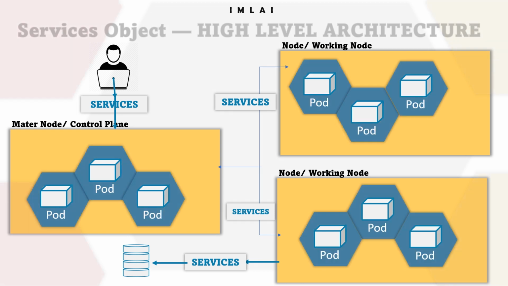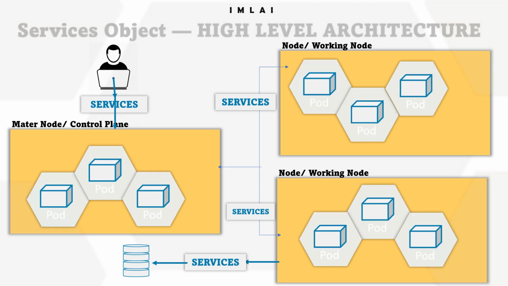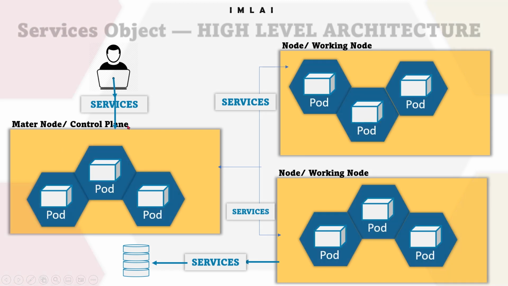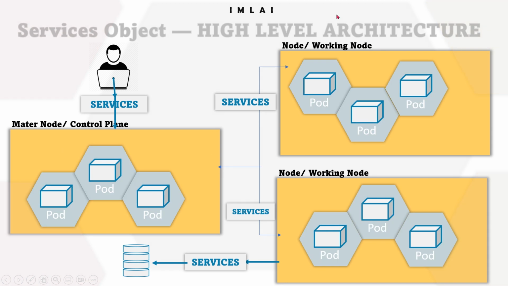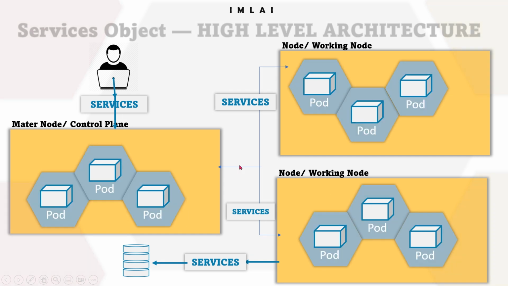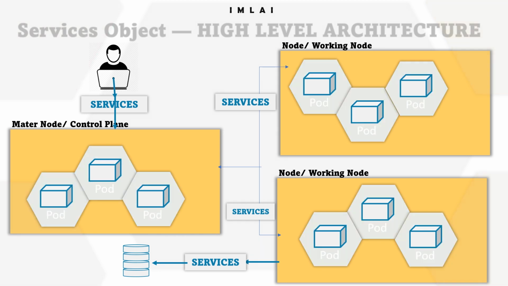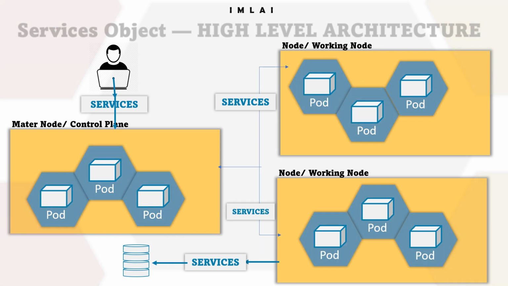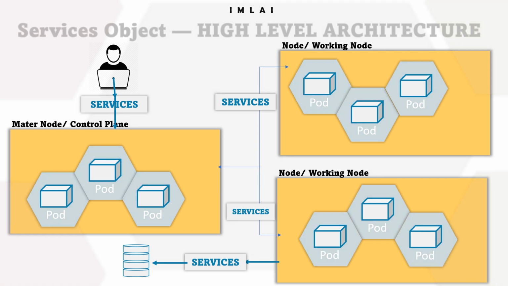You will have again a service in front of it, and MySQL, you will have a service in front of it. Everywhere you see that service here, service here, service here, and service even for the MySQL database. So that's how the communication happens between pods and between user to the pods.